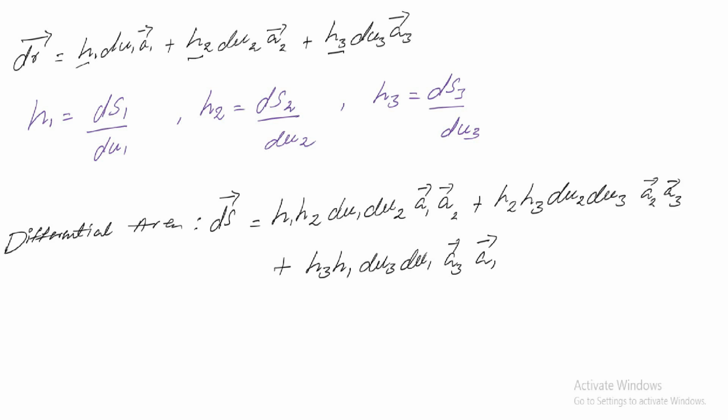So this is your differential area vector for your curvilinear coordinate system.